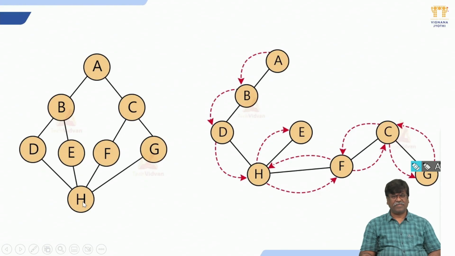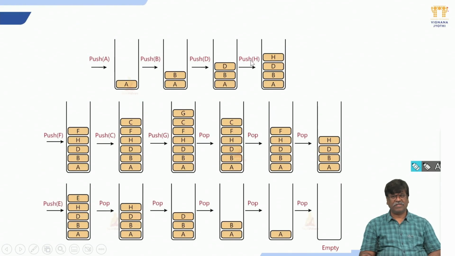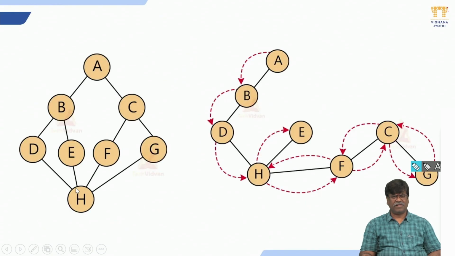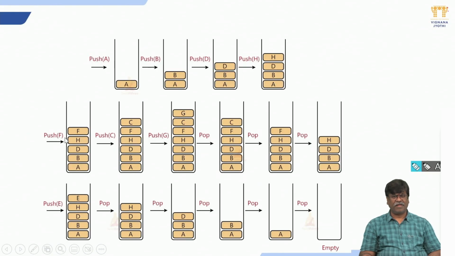After D I am visiting H, so insert H here. After visiting H I am visiting F, so F will be kept here. After F I can push C. Whatever node I am visiting, in the same order you push it into the stack.